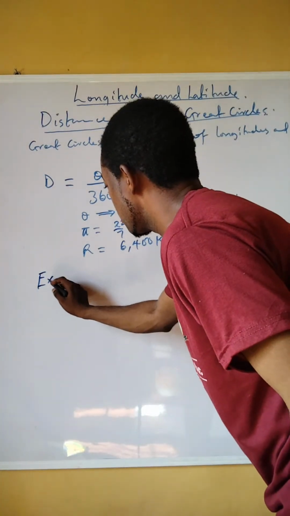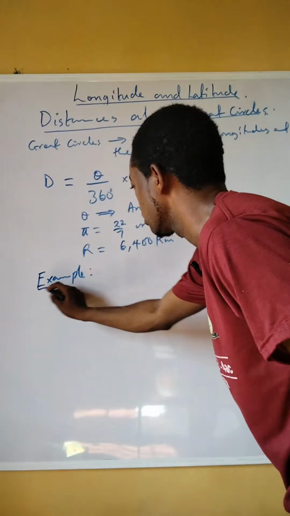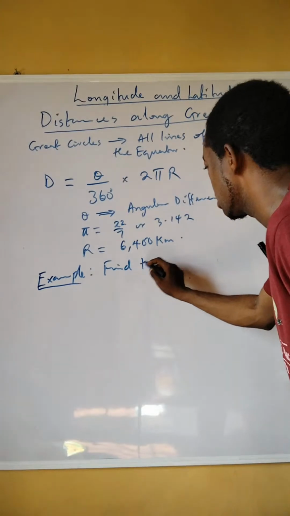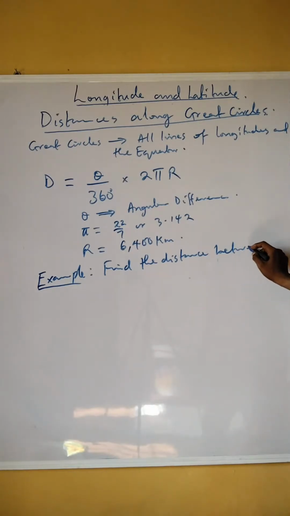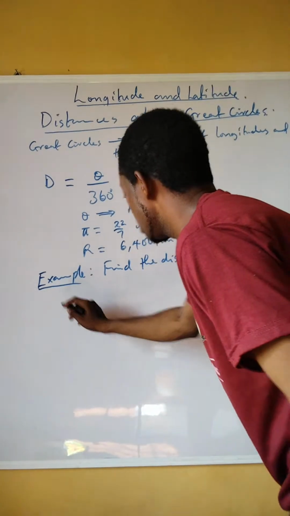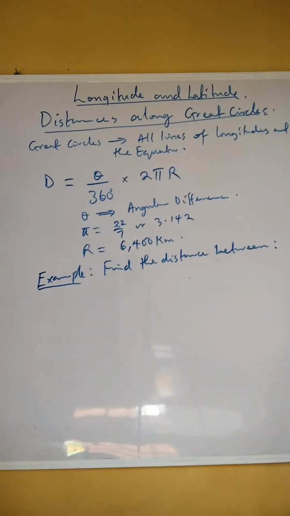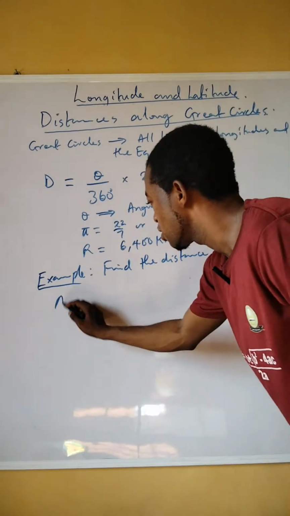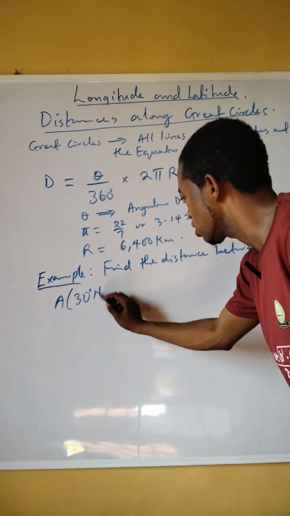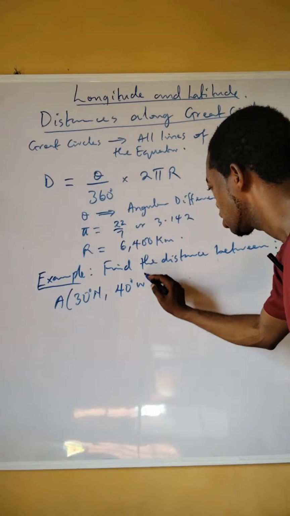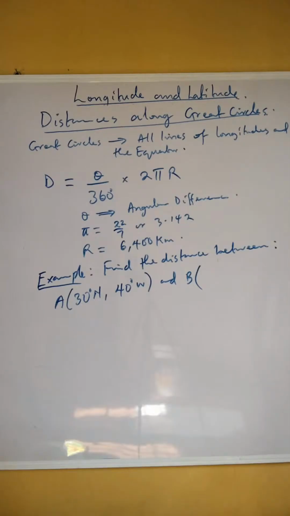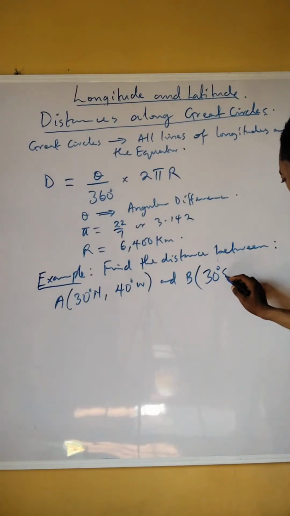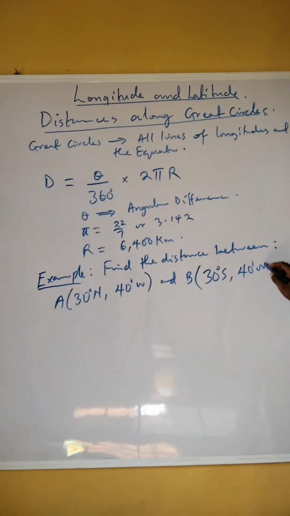Find the distance between points A, 30 degrees north, 40 degrees west, and point B, 30 degrees south, 40 degrees west.